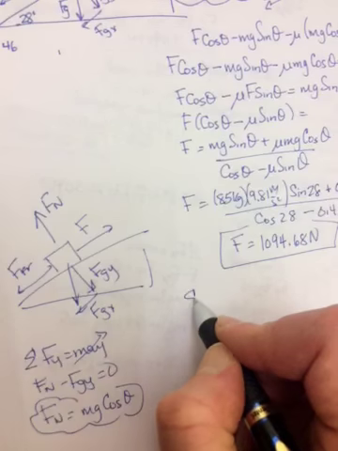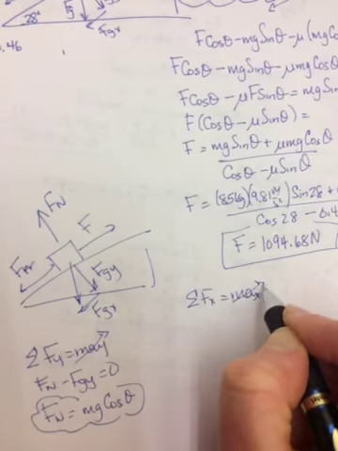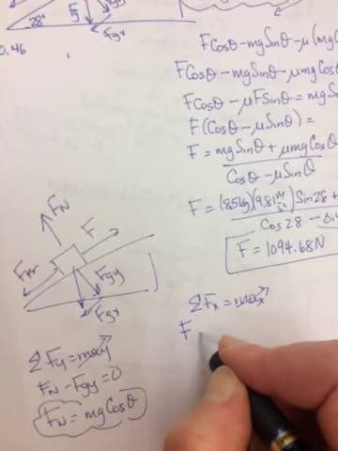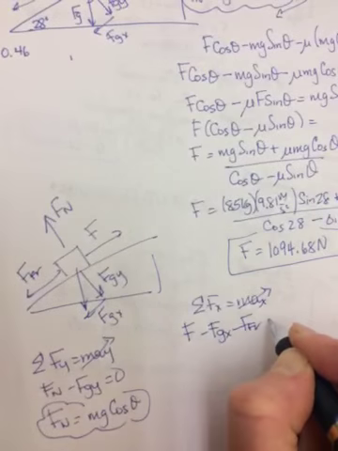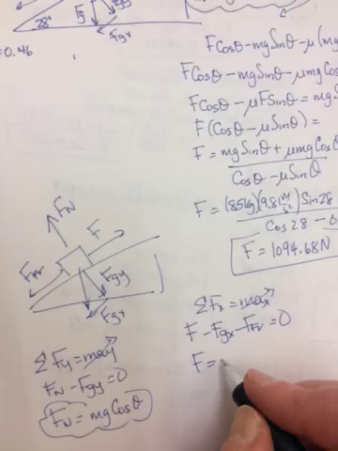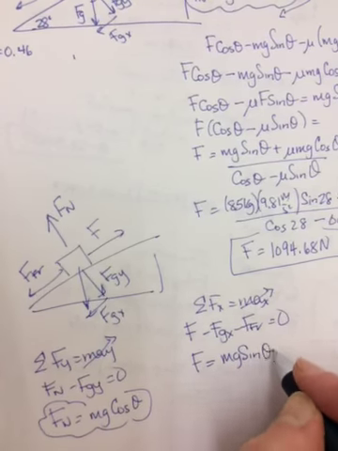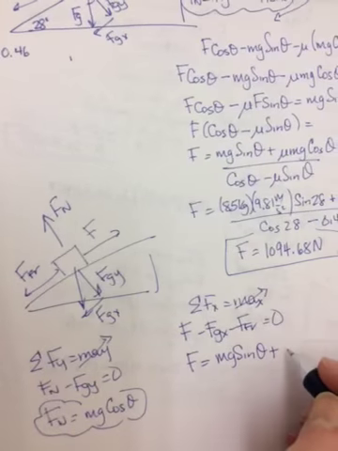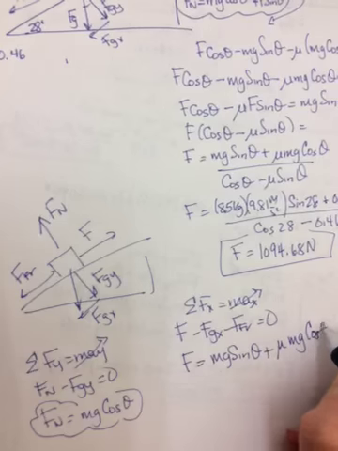And then in the x direction, max, it's still to start it to move, so that goes to 0. F minus FGX minus friction equals 0. So F will equal, because that's what we're solving for, mg sine theta. Take this over plus friction, which will be mu mg cos theta.